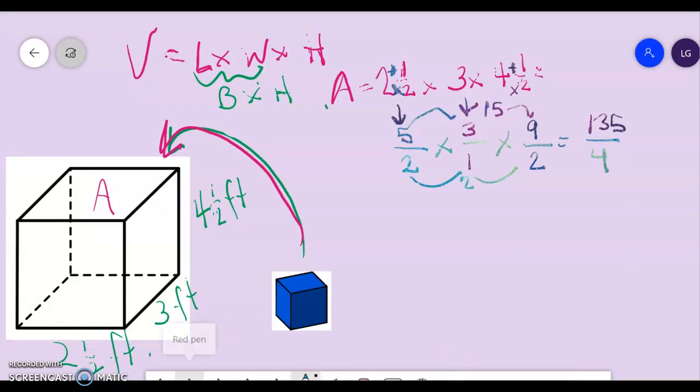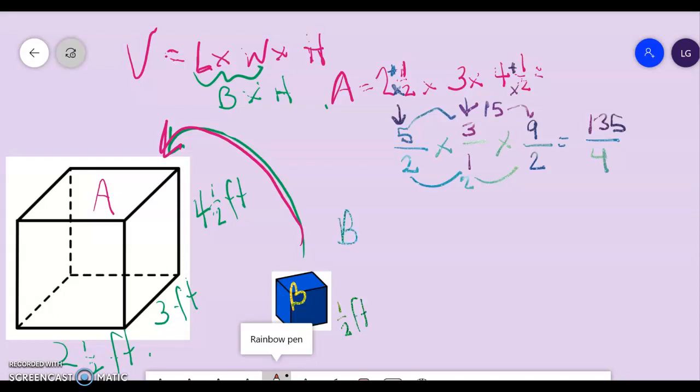So now we're going to figure out what the smaller cube's volume is, and I'm going to label that B. Since it is a true cube, it is 1/2 foot all the way around.